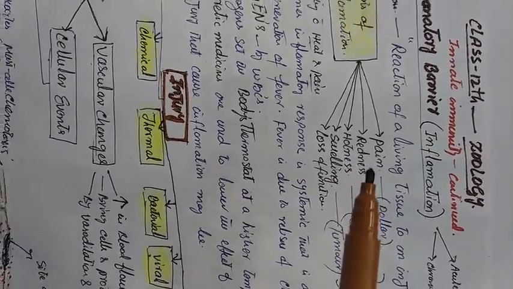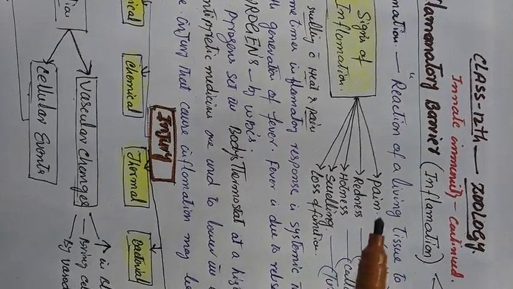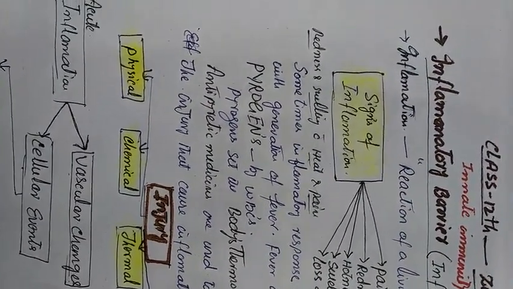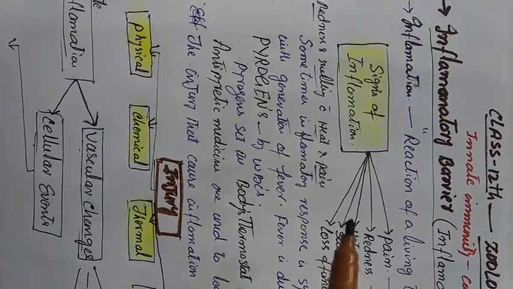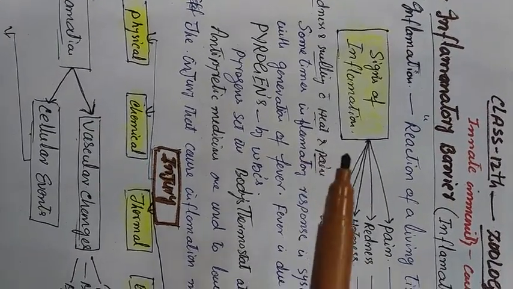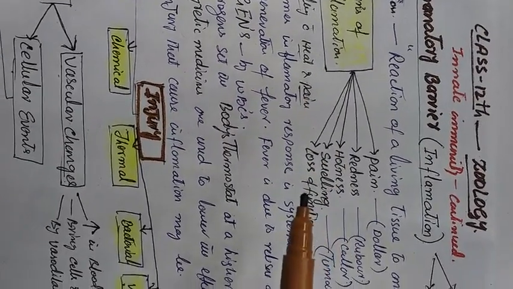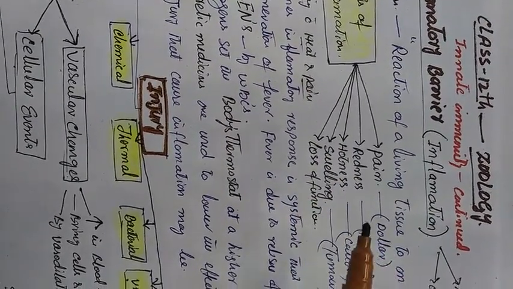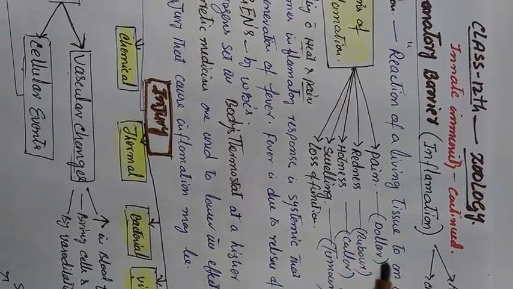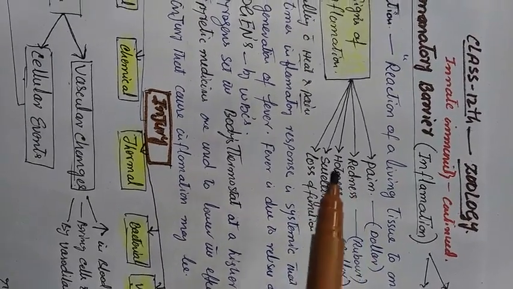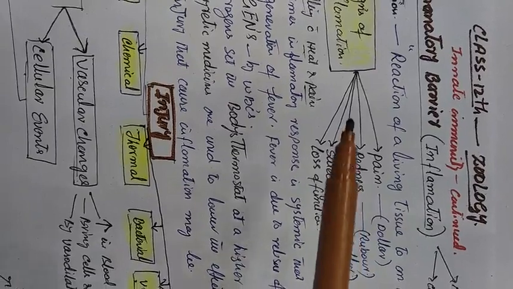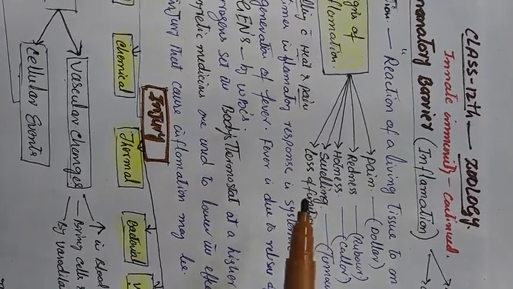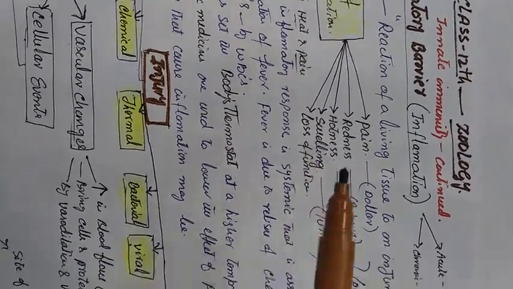Initially, these four signs were considered the signs of inflammation. That is why it was said that inflammation is redness and swelling with heat and pain, that is dolor, rubor, calor, and tumor. Recently, a fifth sign of inflammation has been added, that is the loss of function of that particular area.